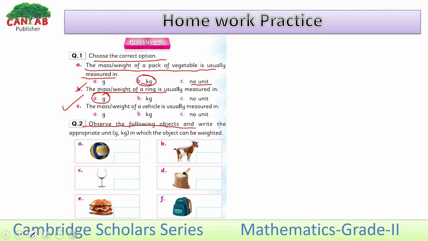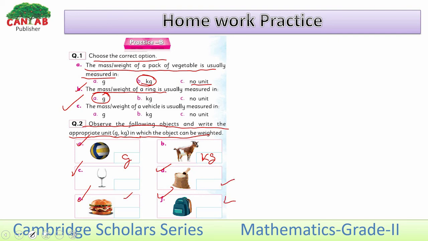Observe the following objects and write the appropriate unit, g for grams and kg for kilograms, in which the objects can be weighed. So a football or ball, you can measure it in grams. You have to measure the goat in kgs. Similarly, you can write appropriate units for each of the following objects. You have to write in the blank spaces.